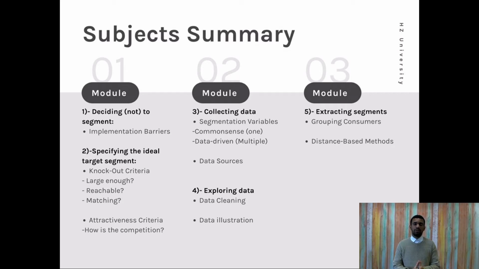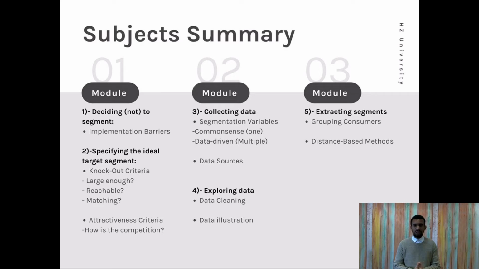Everything needs to be clear before we decide to go or not to go. Because for instance, if I decided to go for market segmentation and I don't have the right people and the right time to implement that, then the result will be a disaster. So it's very important to ensure that the company does not have strict barriers before deciding to go for market segmentation.